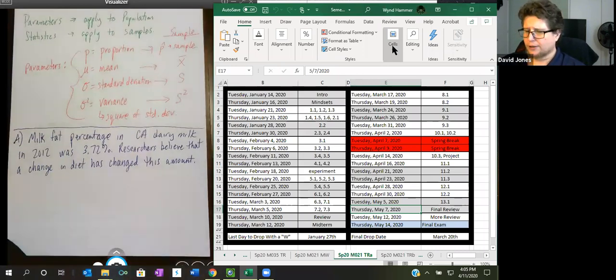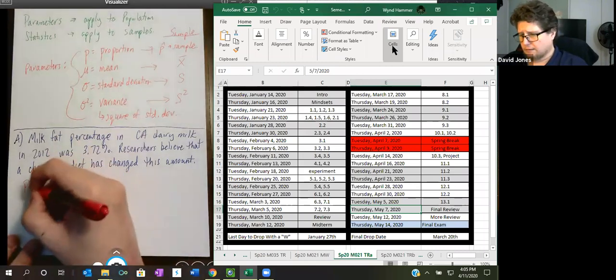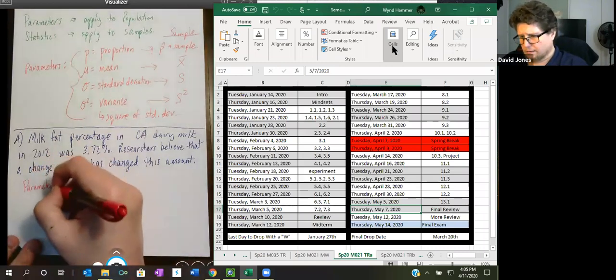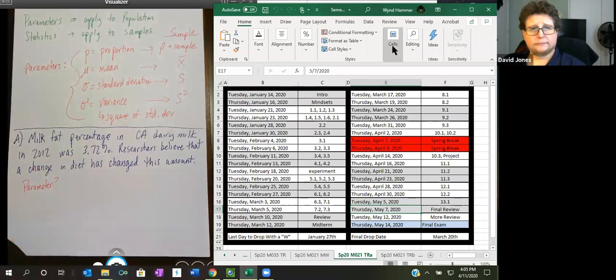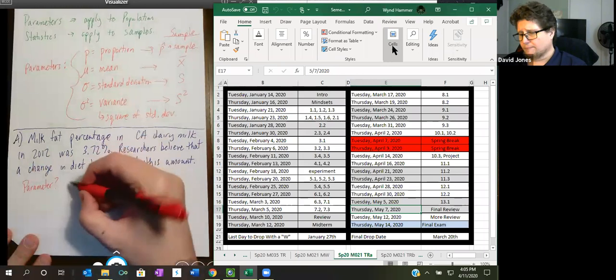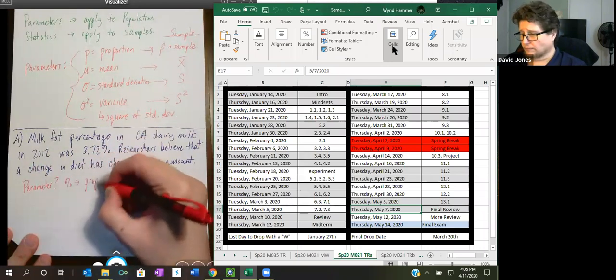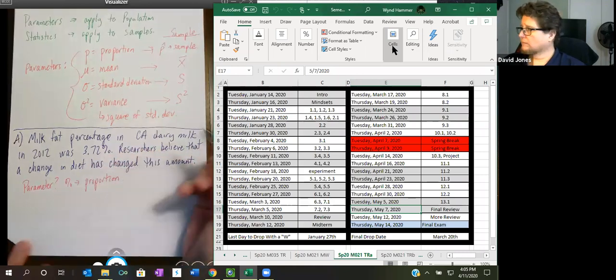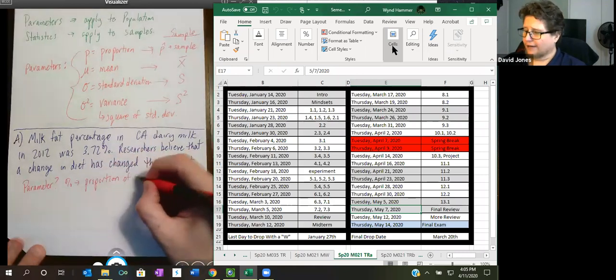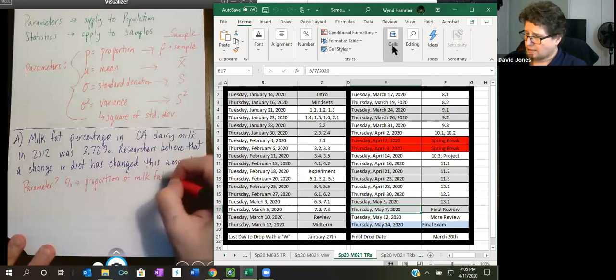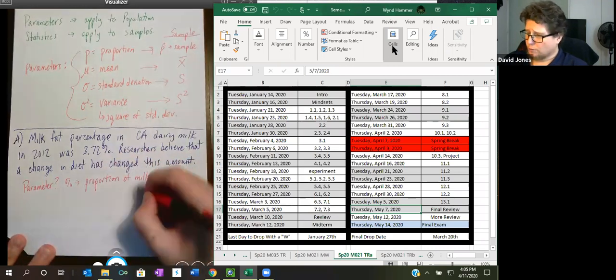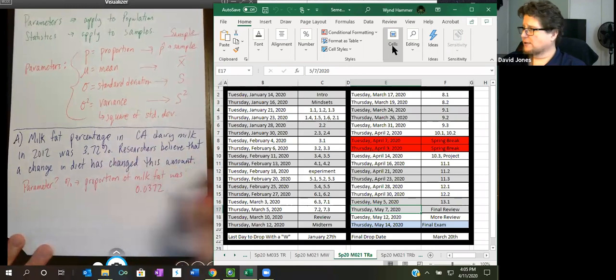What is our parameter here? The value they gave us was 3.72%. Percent often implies proportion. So the proportion of milk fat was 0.0372.